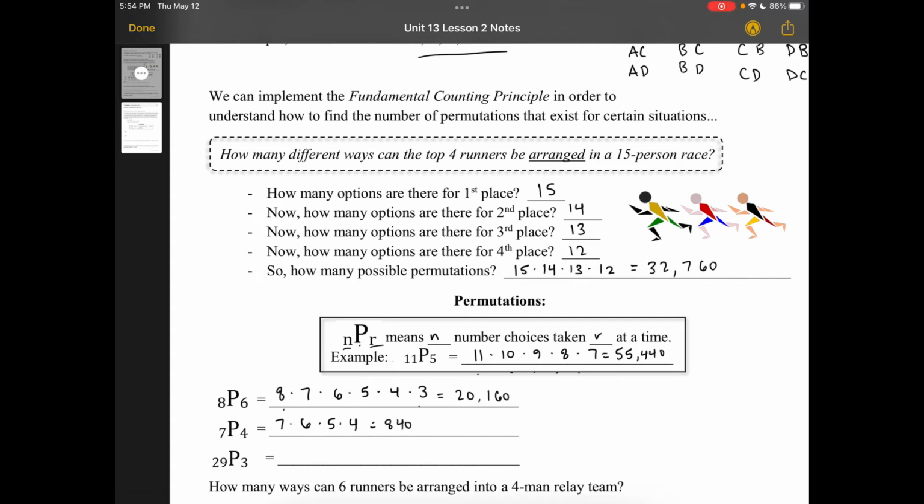And 29 choose 3 would give us 29 times 28 times 27. So hopefully you can start to see the pattern here, that we're starting from the top number and we're just decreasing it every time by 1 for however many numbers there are on the right. That should give us 21,924.